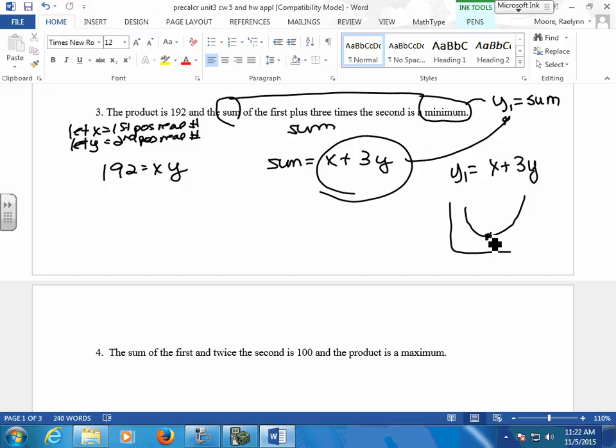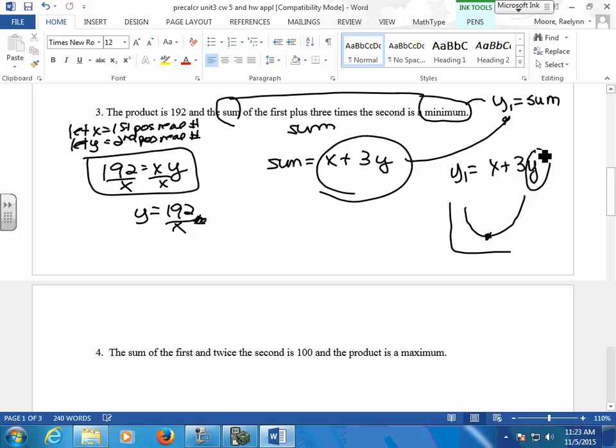Now, we need to substitute out for y. So we come here to the only other statement they give us, and we solve for y in terms of x. So we divide both sides by x, same as we did in the last one, and we bring it back over here. Just be careful that you keep parentheses around this guy.